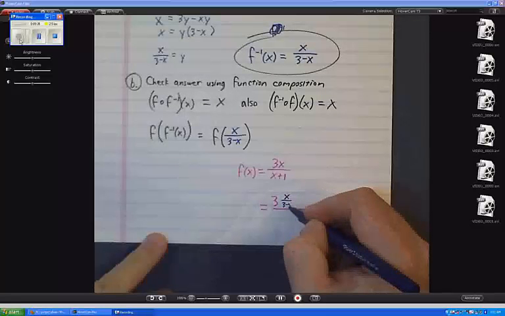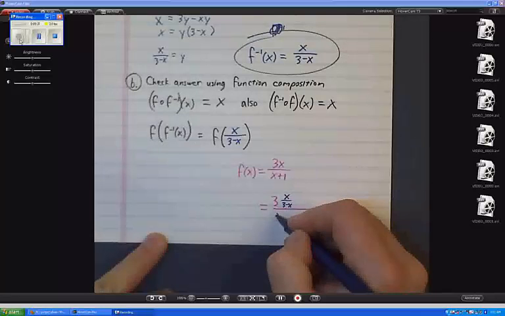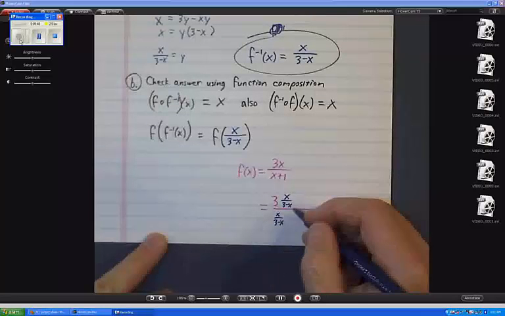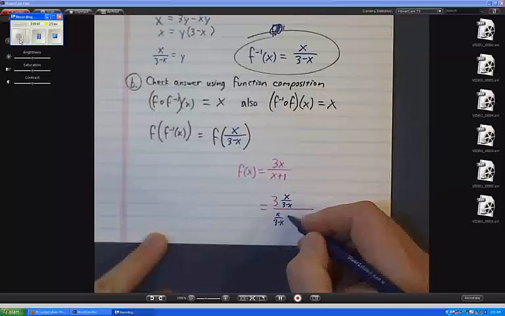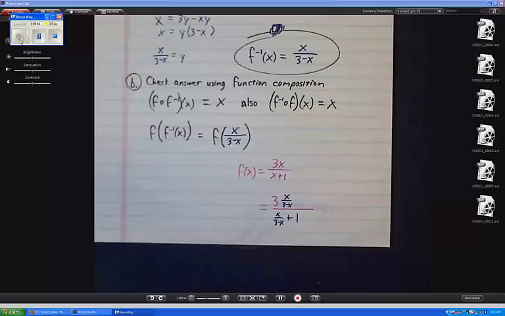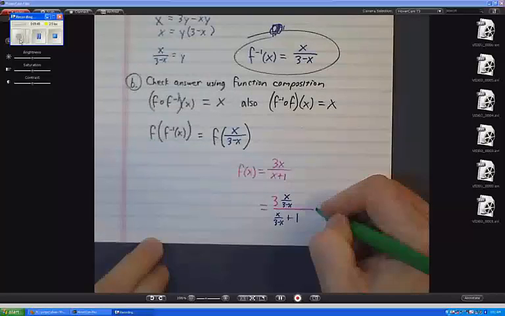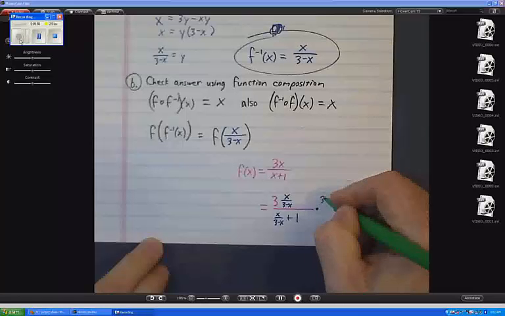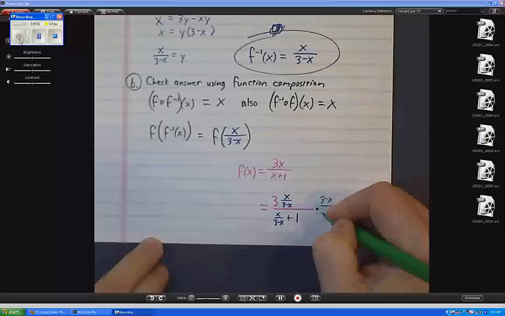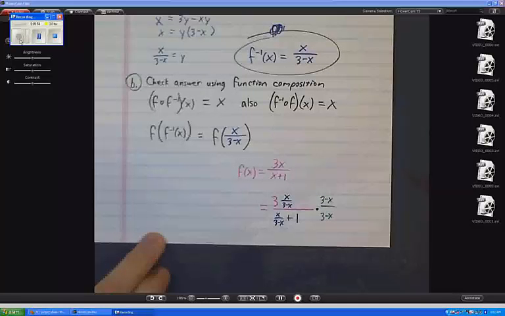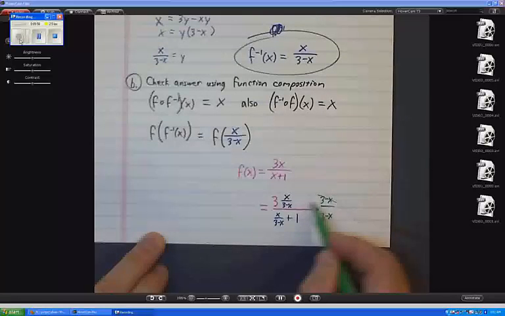Now this is a little crazy. Plus 1. So I have to simplify this? Now here's my trick. I'm going to multiply by 3 minus x over 3 minus x, top and bottom. On the top, the 3 minus x's cancel.